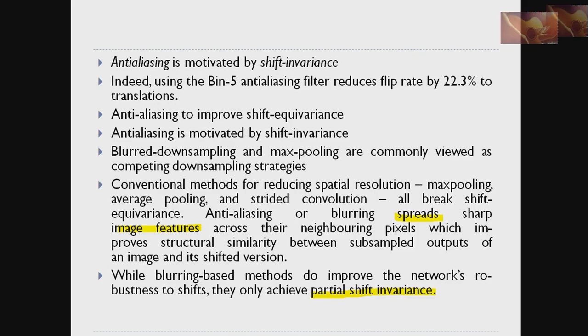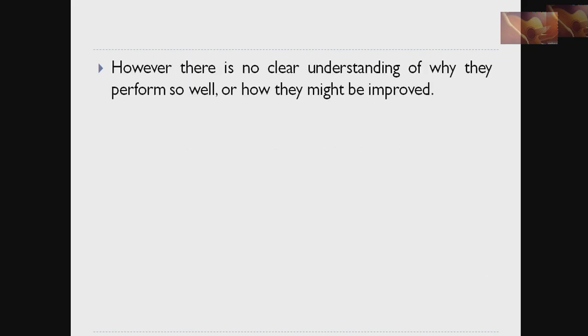So that's why I didn't focus on the paper, because it is achieving only partial shift invariance, but the basics are clear from the paper. The main question due to which I read through that additional paper was that there is no clear understanding of why these layers perform so well, AlexNet, LeNet, or for that matter VGG, 11 to 19 layers. There are various VGG architectures.